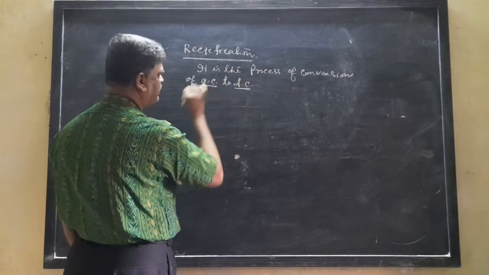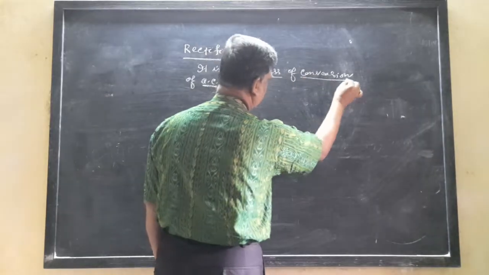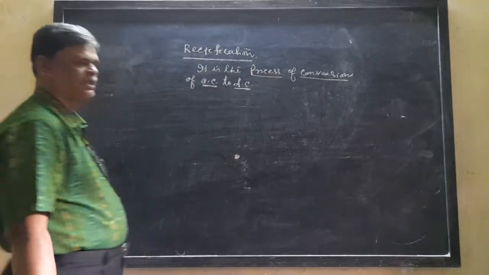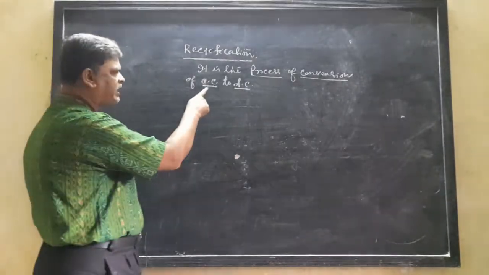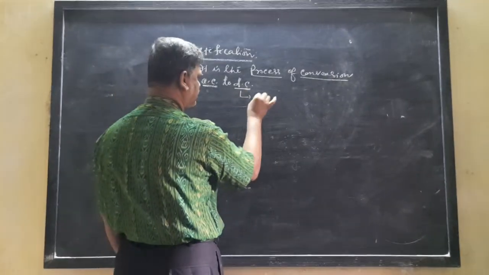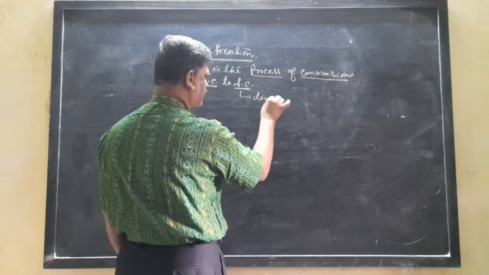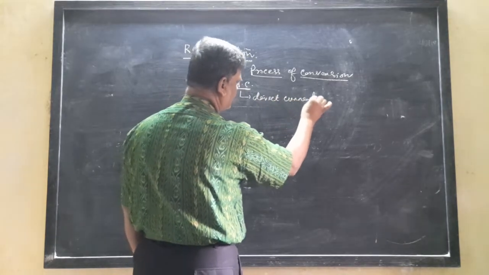Now, first, what is AC? How do we convert AC to DC? First let us see what we mean by AC and DC. DC means direct current.